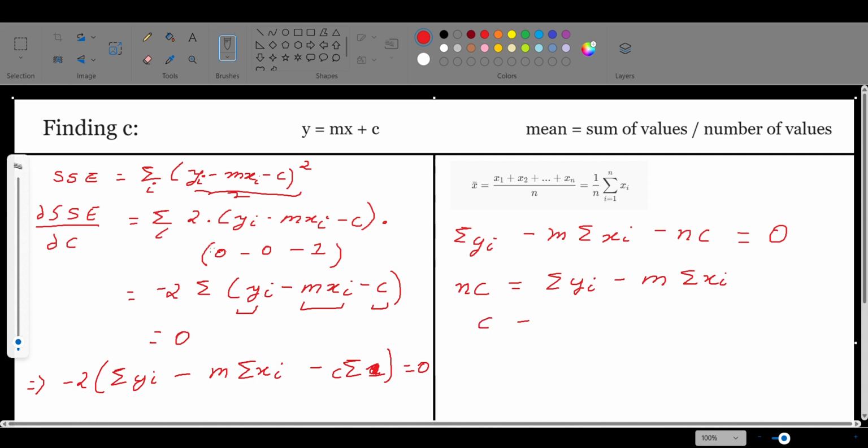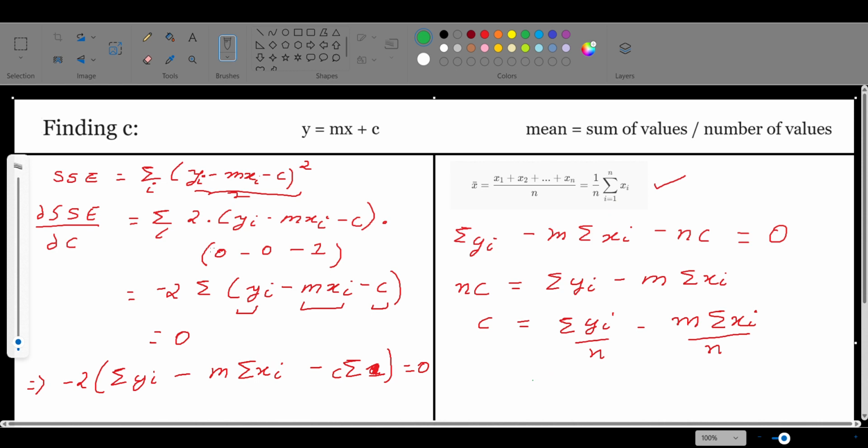Now let's divide n on both sides. You'll get summation yi by n, minus m times summation xi by n. I'm just separating the terms here for ease of understanding. Now this summation of certain values divided by n is going to remind you of something from our second video. It is the sample mean. I've put in the formula again over here at the top. It basically says you can add up all the values of x and divide by the number of values you've added, and that will give you the average or the mean.